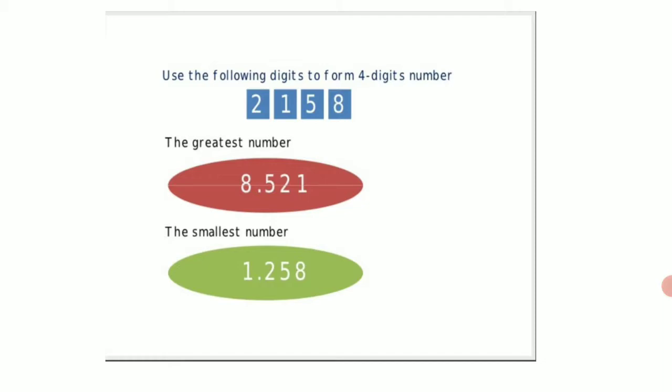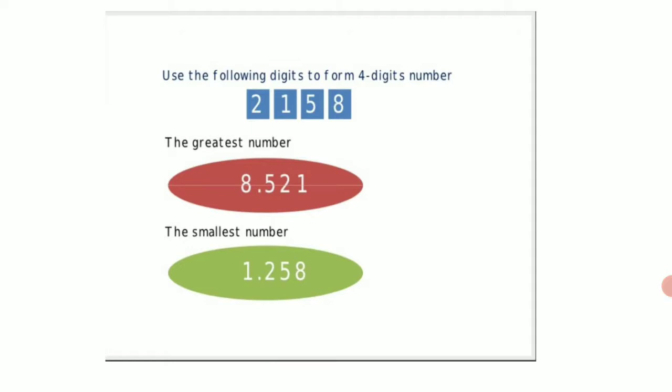Now children, how do we form a greater and a smaller number when a set of digits is given to us? Use the following digits to form a 4-digit number. The digits given are 2, 1, 5 and 8. When we form the greatest number, out of these 4 digits we need to find the greatest, then the next greater, then the next greater, and in that manner we go on.